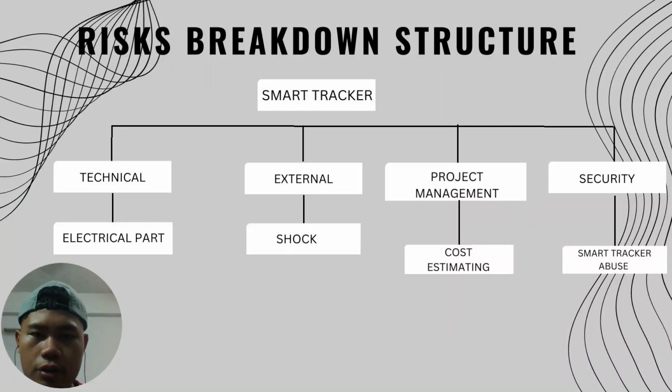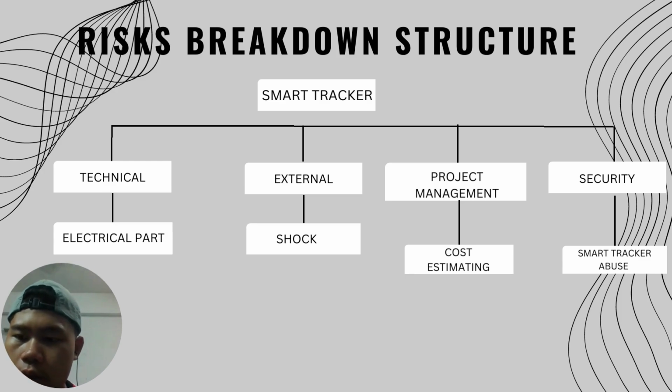All right. So this is the risk breakdown structure. The first part is technical, where the electrical part could be damaged due to weather and customers' harsh use. The weather is like rain and so on.